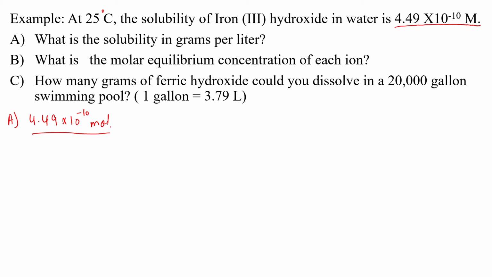I will break M into moles per liter. We don't have to change liter because liter is needed in the answer. We will just change moles to grams. And when we are converting moles to grams, we need molar mass. So you have to find the molar mass of iron 3 hydroxide. The formula for iron 3 hydroxide is Fe(OH)3.